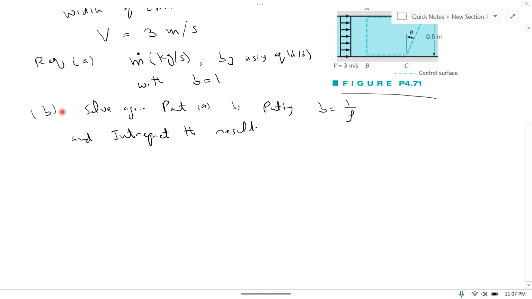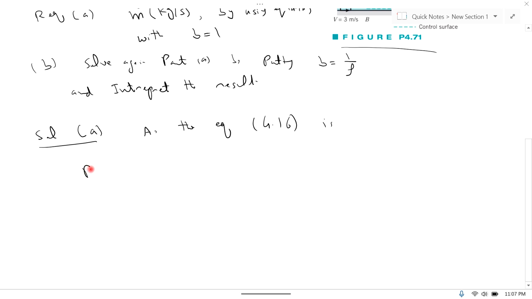So here we start the solution. The solution of part A: equation 4.16 is b dot out is equal to the integral over the CD surface of rho b V dot n dA.